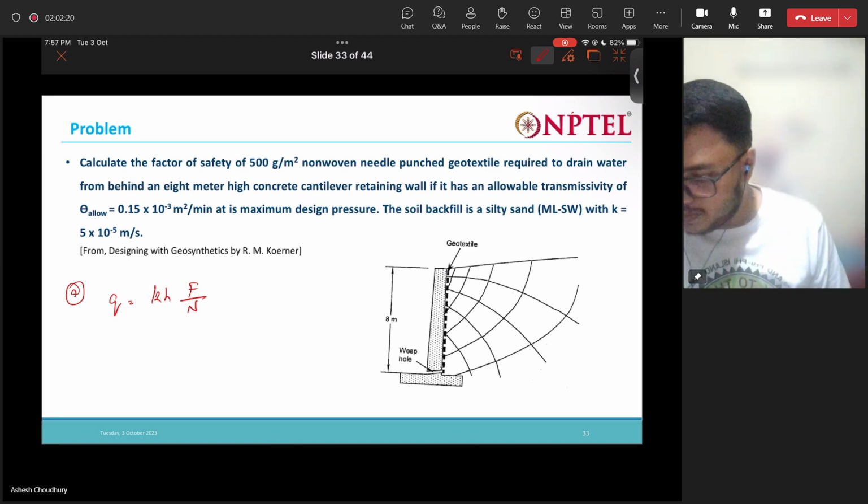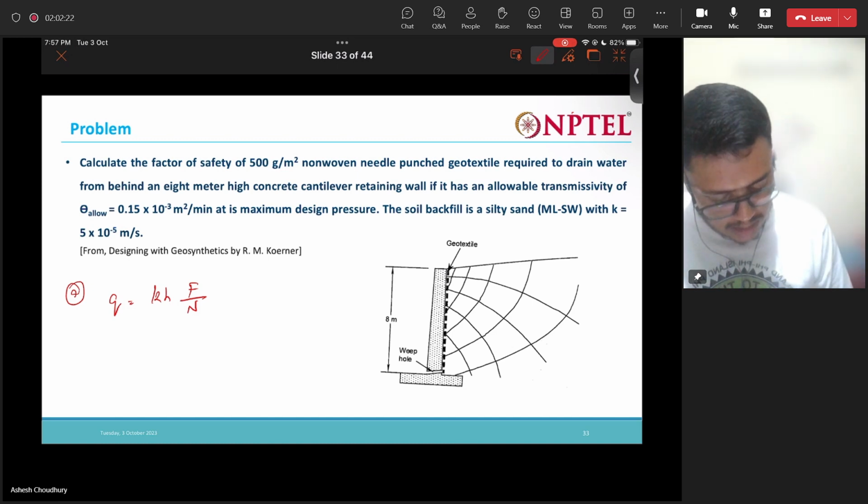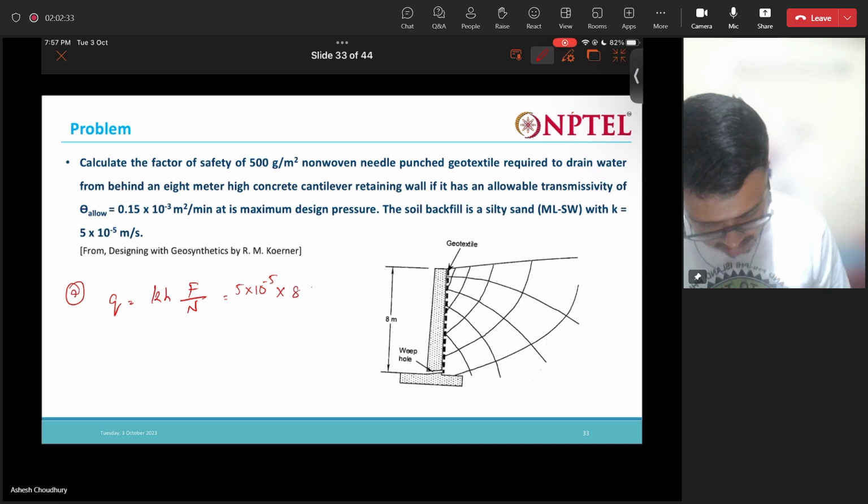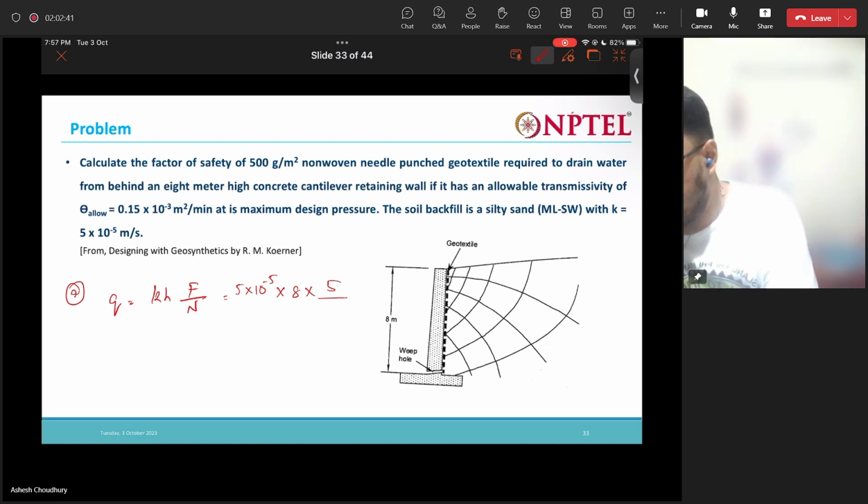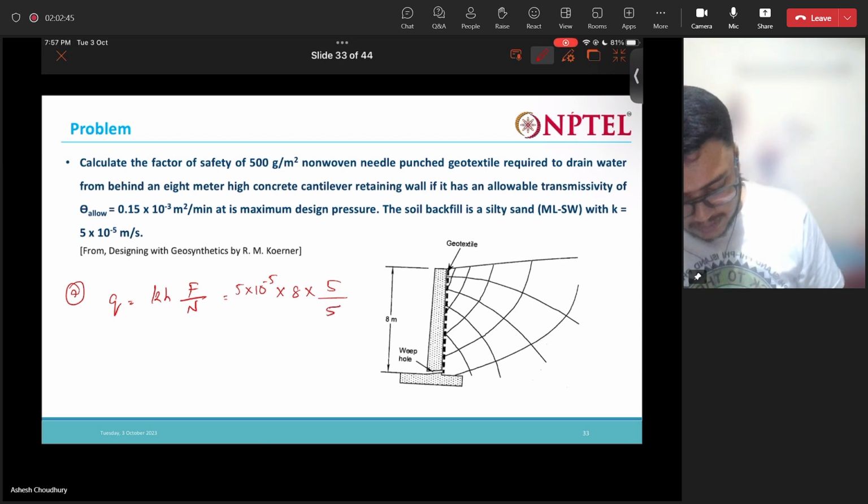So we can see the number of flow lines: 1, 2, 3, 4, 5. Drops: 1, 2, 3, 4, 5. So it is 5 by 5.